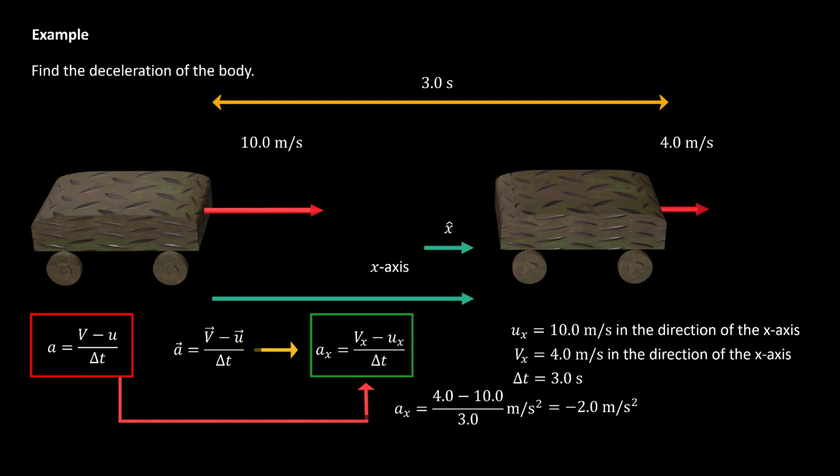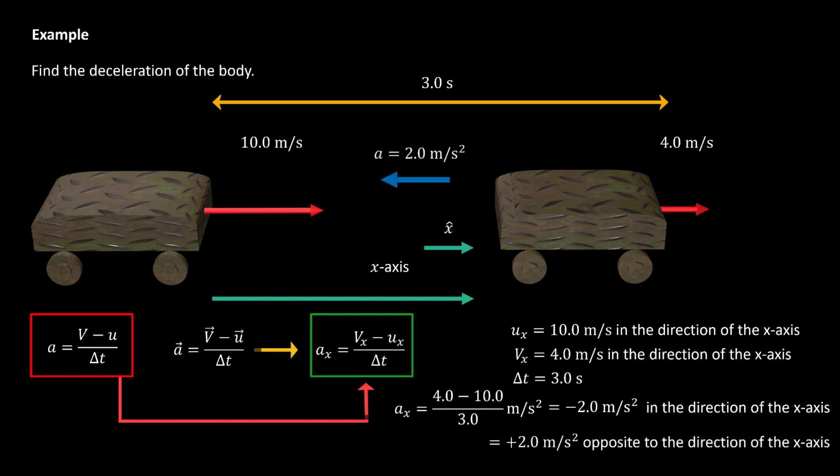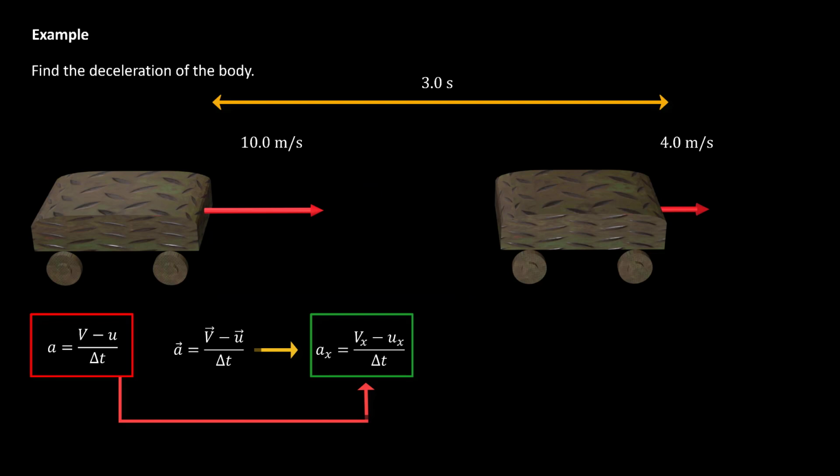This is telling us that the acceleration vector is contributing minus 2.0 meters per second squared in the direction of the x-axis. In other words, the acceleration vector is contributing plus 2.0 meters per second squared in the opposite direction of the x-axis. Now let us choose our x-axis to point to the left instead of to the right.